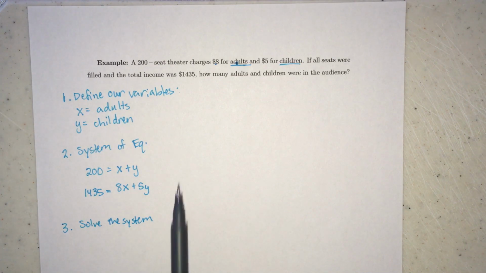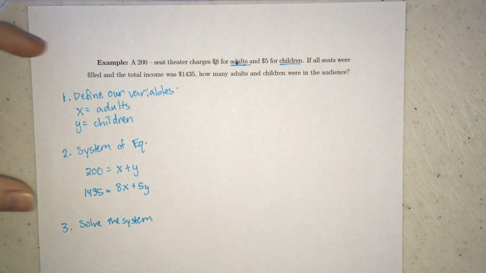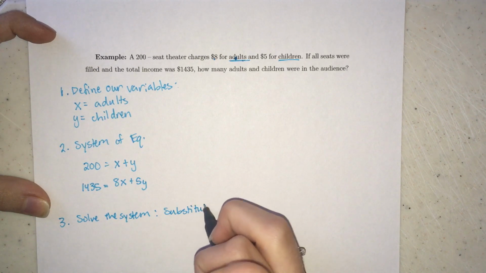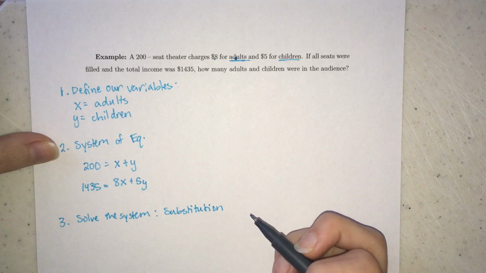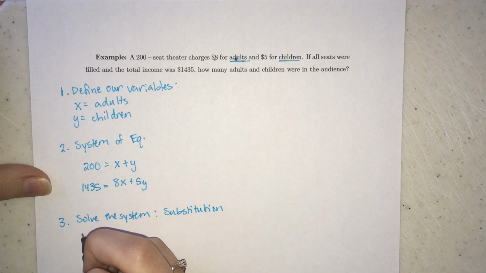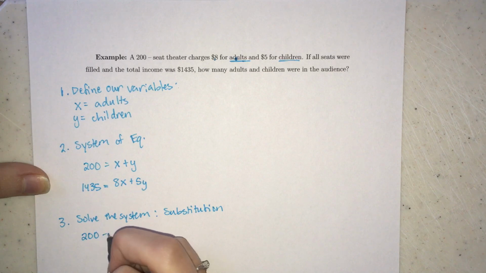Now, since I see that the first equation has variables with only a coefficient of 1, I'm going to use substitution. So I'm going to solve my first equation for x. So I have 200 minus y equal to x.